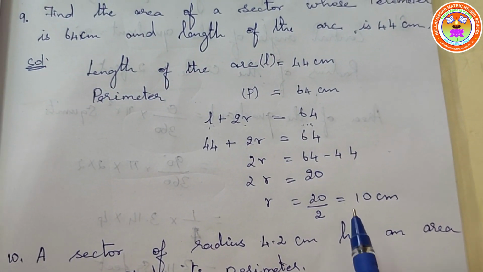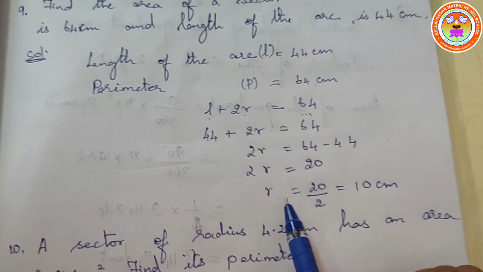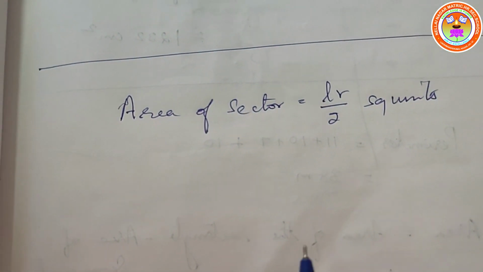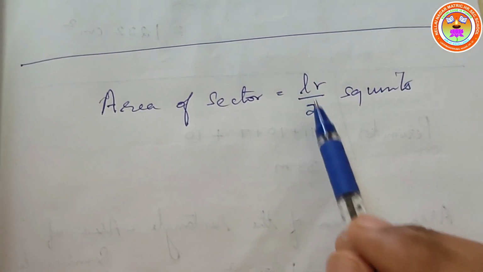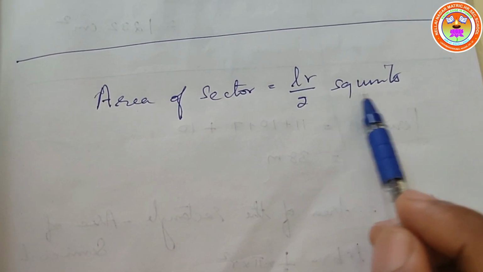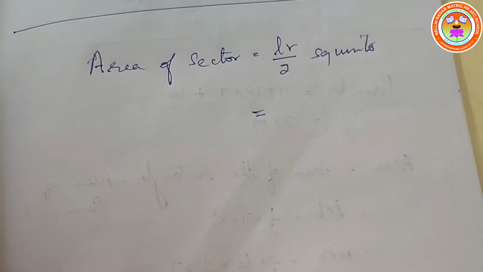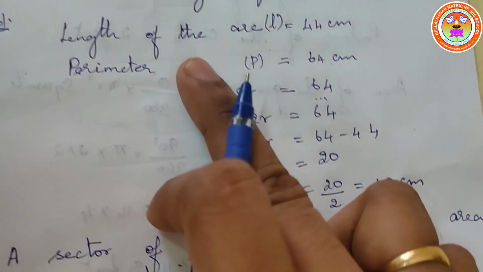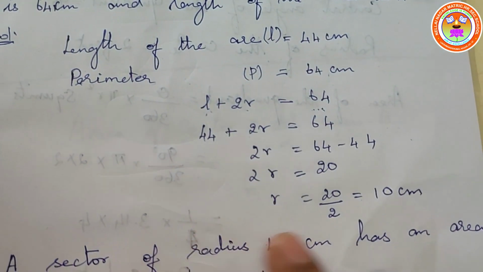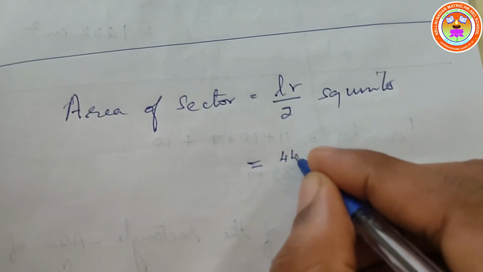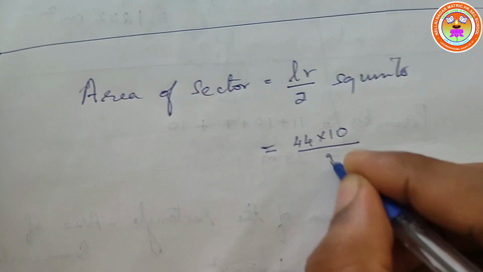Now we are going to find the area of the sector. Area of the sector equal to LR by 2 square units. What is the length? Length of the arc is nothing but 44. Radius is 10. We substitute in this: 44 into 10 by 2.